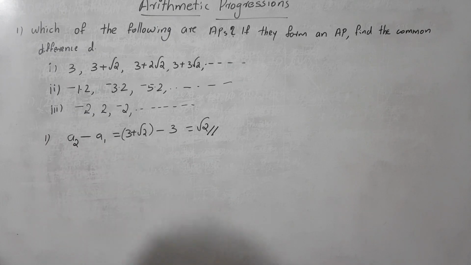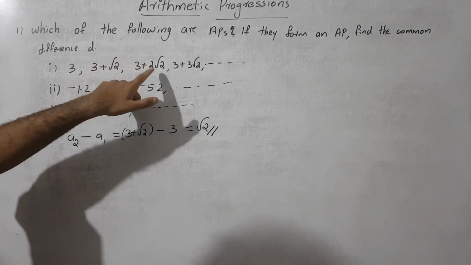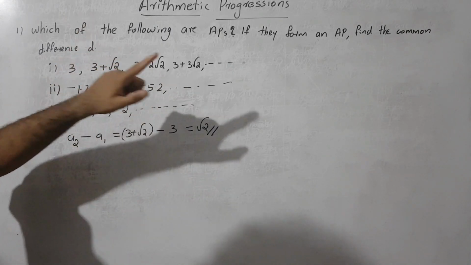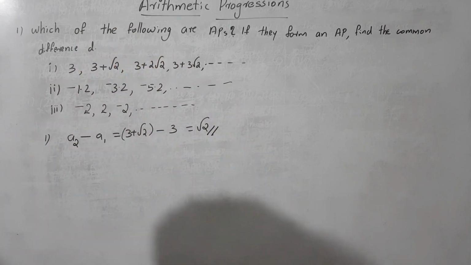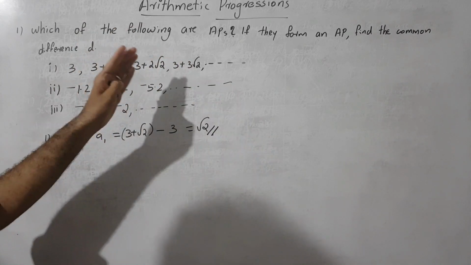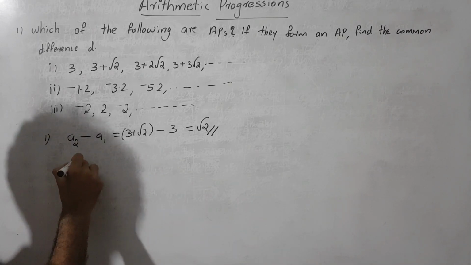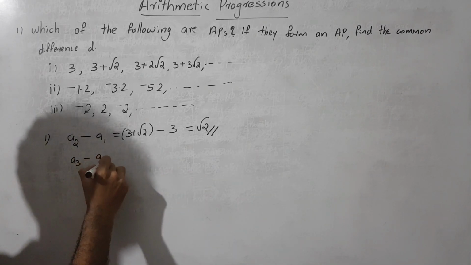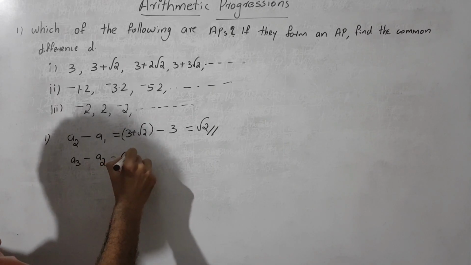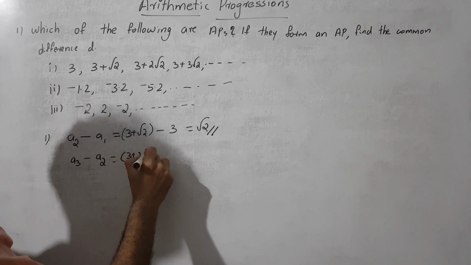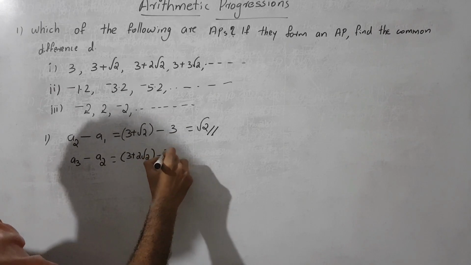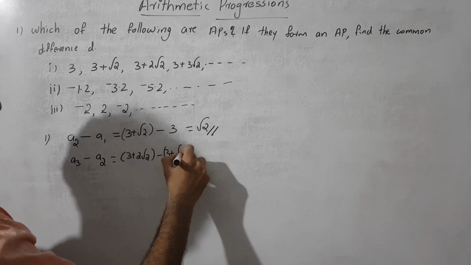For checking the common difference, we subtract A3 minus A2 or A4 minus A3, anyone. Here I subtract A3 minus A2. A3 minus A2 is equal to 3 plus 2 root 2 minus (3 plus root 2).